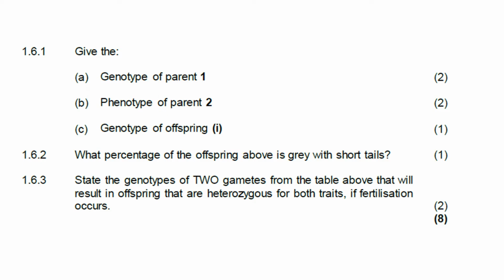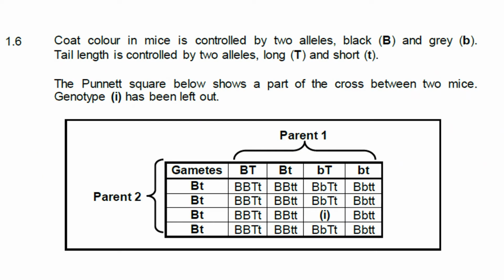Then if we have a look at 1.6.2, what percentage of the offspring above is gray with short tails? If we look at the offspring here, you'll see that there are some of them that are showing short tails. Remember, short is a recessive characteristic, so they need to have 2 small t's to be able to show that characteristic.